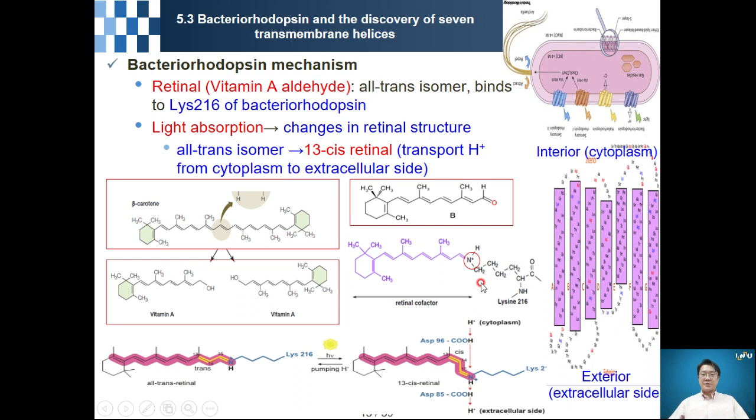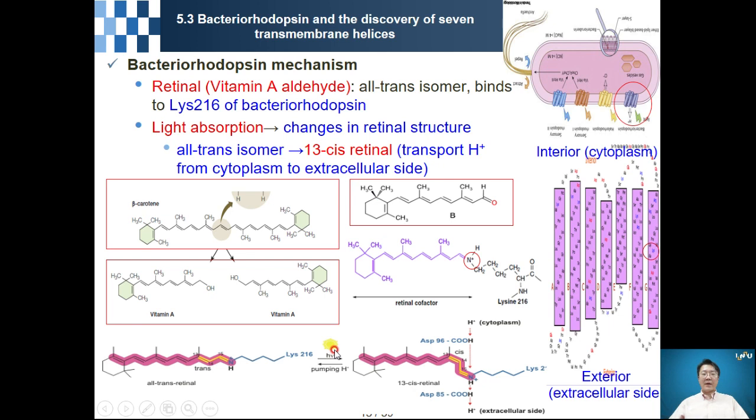Where is this lysine located? This is the halobacteria, which have the bacterial rhodopsin here. This is the cytoplasmic side, and this is the exterior side. They are composed of A, B, C, D, E, F, G helices. Lysine 216 is located in the G helix. So the retinal binds to this lysine.